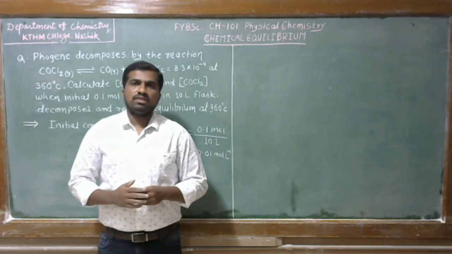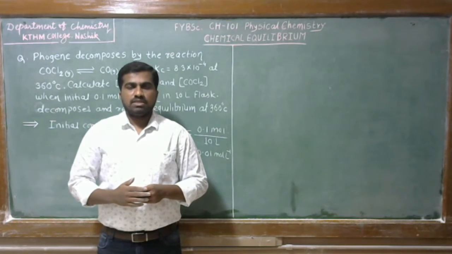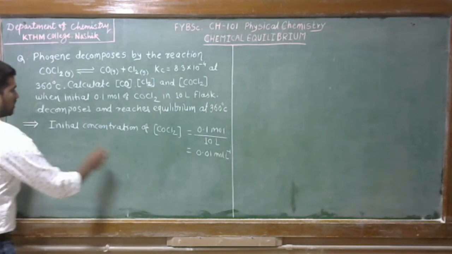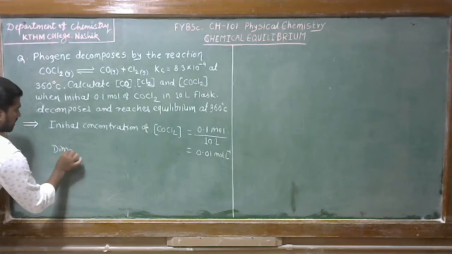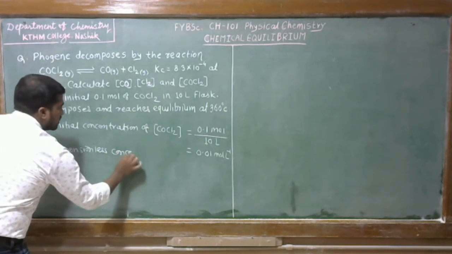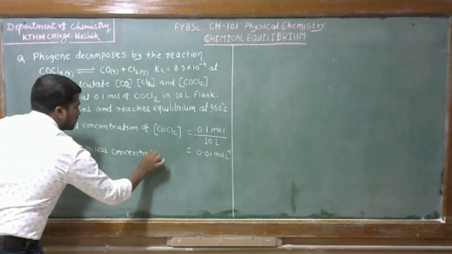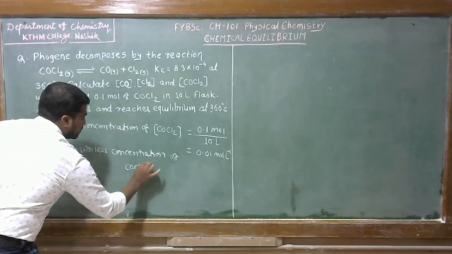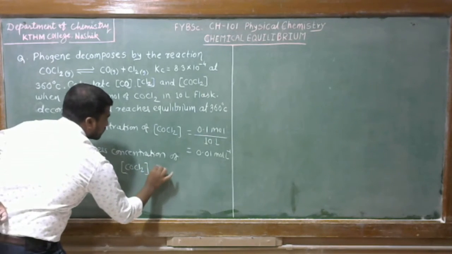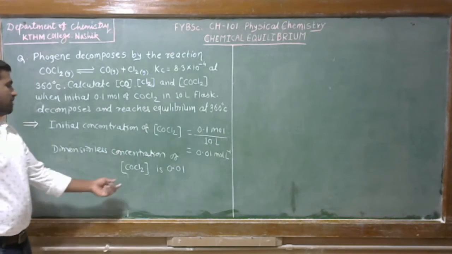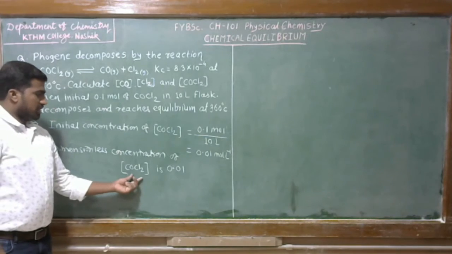So both concentration and pressure are unitless, that is, dimensionless. So the dimensionless concentration of COCl2 is 0.1.